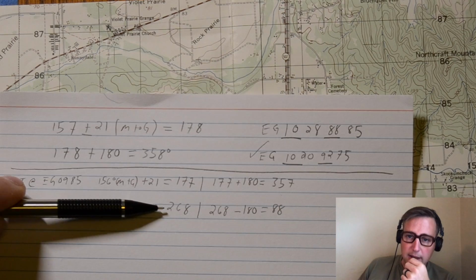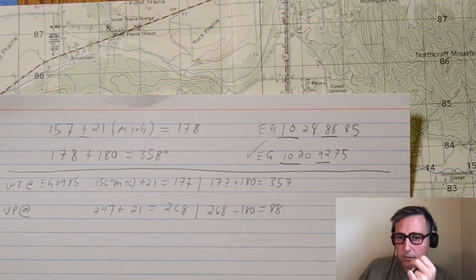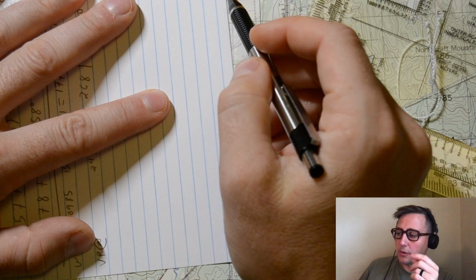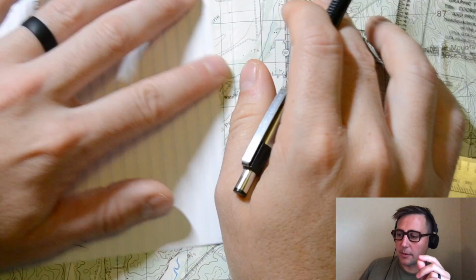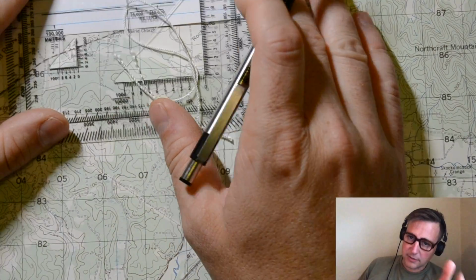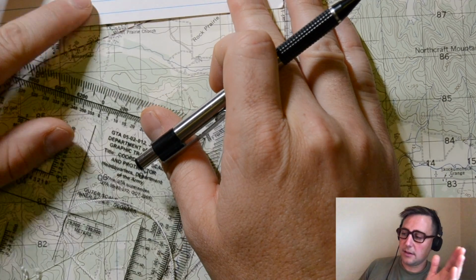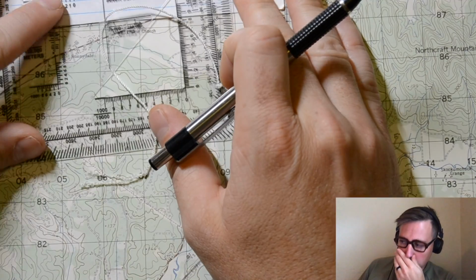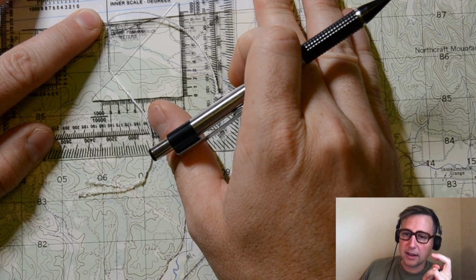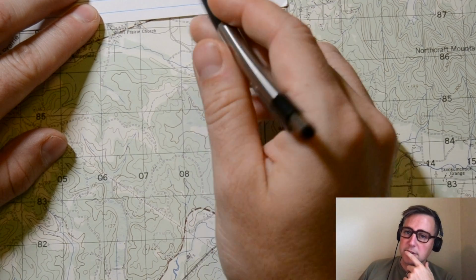So again, you got to add your GM angle, and then once you do that, you will get 177 for the water tower and 168 for the church. Getting your back azimuths, you got to make sure you do this correctly each time. Less than 180, add. More than 180, subtract. And we end up with 357 degrees for the water tower, back azimuth, and 88 degrees for the church.